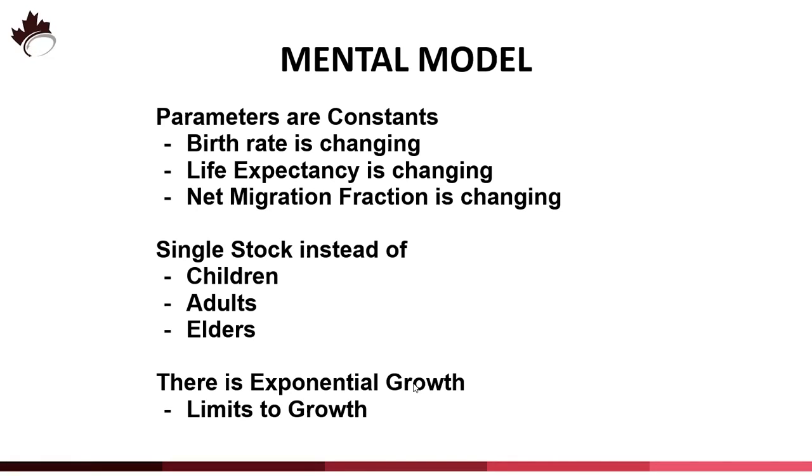You just cannot have exponential growth indefinitely. So there's going to be limits to growth. And that's what I was indicating, that possibly we're seeing in the data a slight change in the number of children being born each year. And that might lead to a limit in the population in the long run.